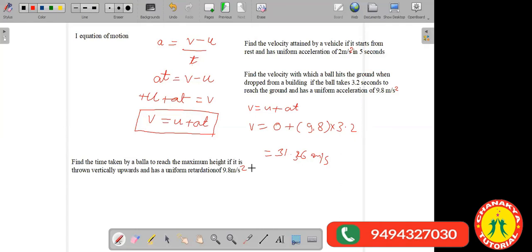Sir, can you mention the initial velocity? Yes, there is no initial velocity given. I think we need to give the initial velocity.